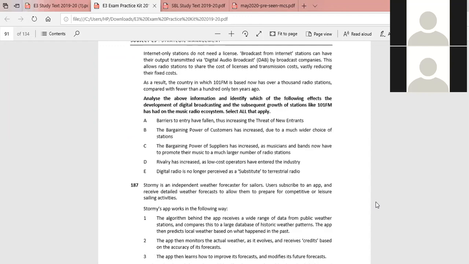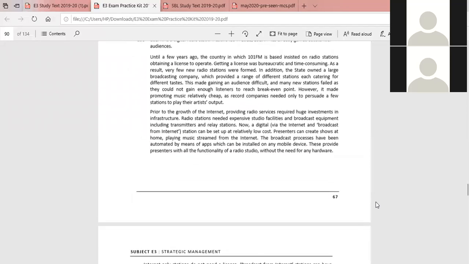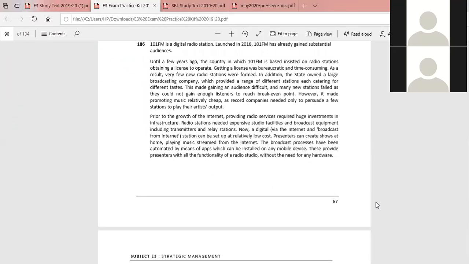The first one talks about barriers to entry have fallen, thus increasing the threat of new entrants. Do you agree with that? How was it earlier done? The cost was quite high, so they were not interested to start that.